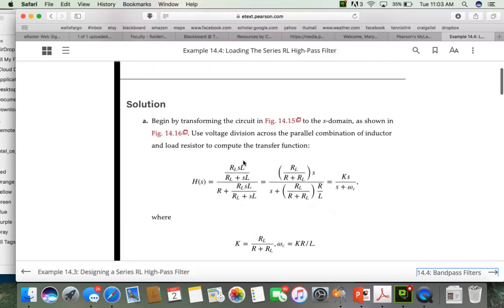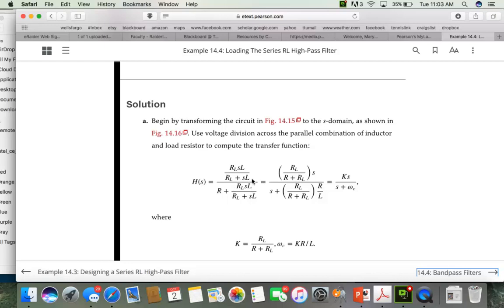So that's what's done here. This top term is the parallel combination of that load resistor and the inductor. The bottom term is the sum of the two. So this is the voltage divider relationship. And then if you divide through by input voltage, you get the transfer function. So this is what the transfer function looks like.